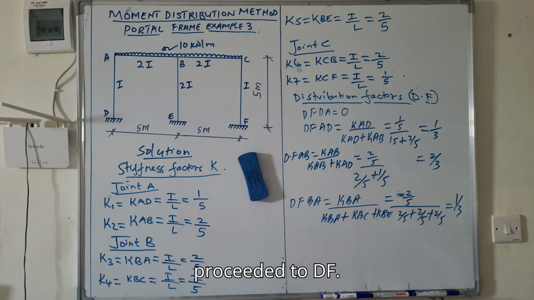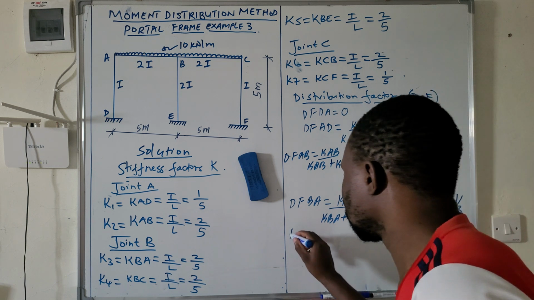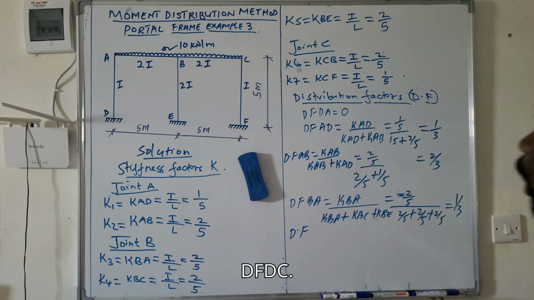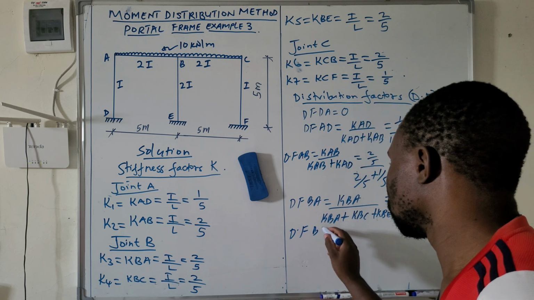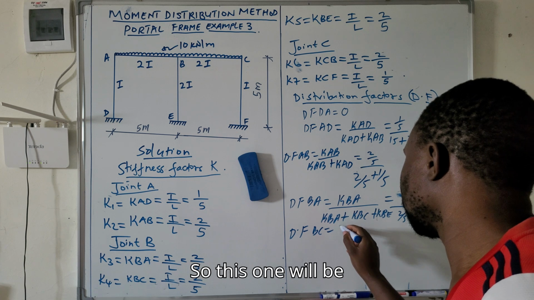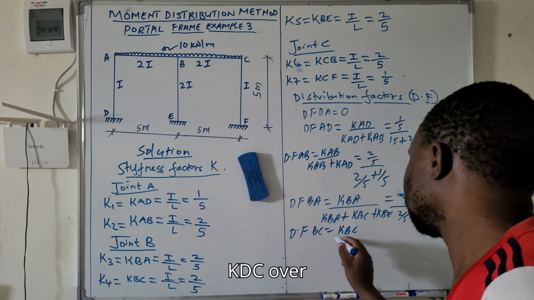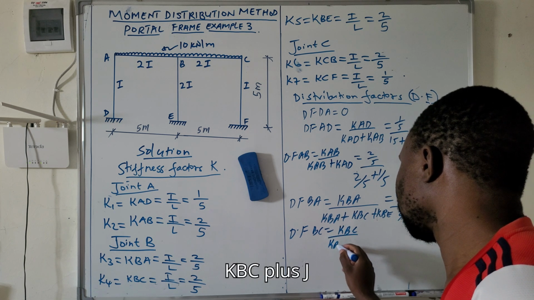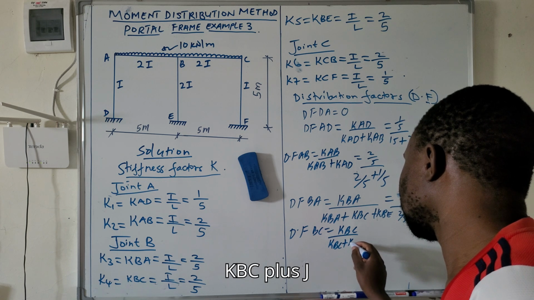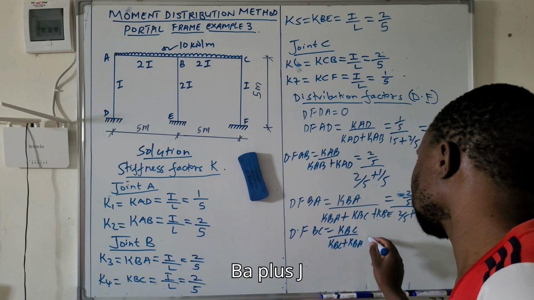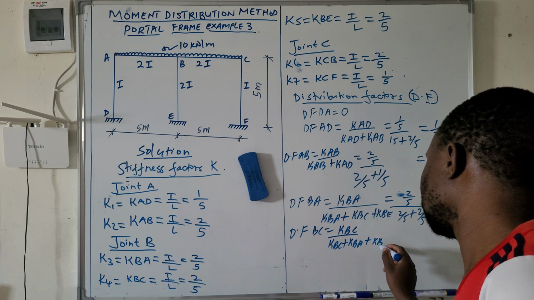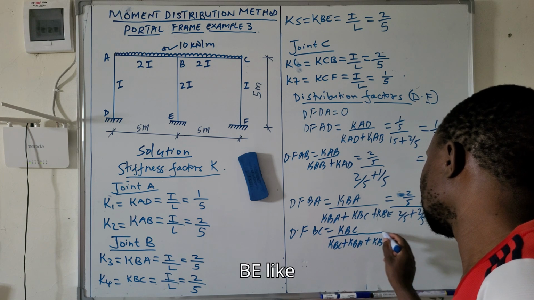We proceed to DF BC. This one will be KBC over KBC plus KBA plus KBE.